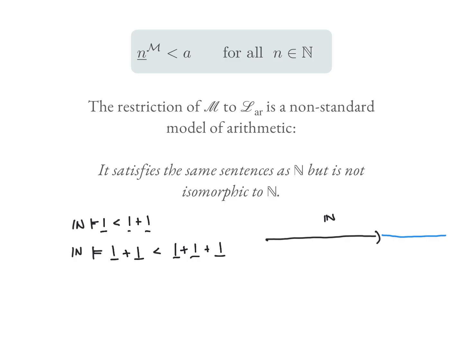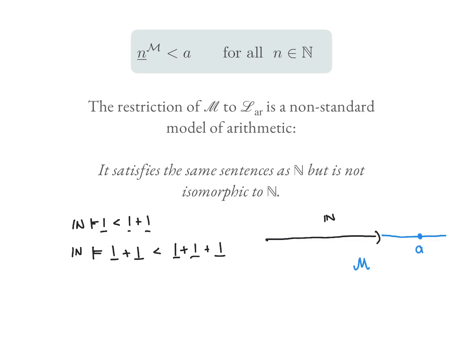So if you extend these arguments a little bit, you will see that the structure of M actually looks like having an initial segment that looks exactly like the natural numbers, but then there are elements like our A, that is bigger than all the natural numbers in M. And that's our non-standard element.